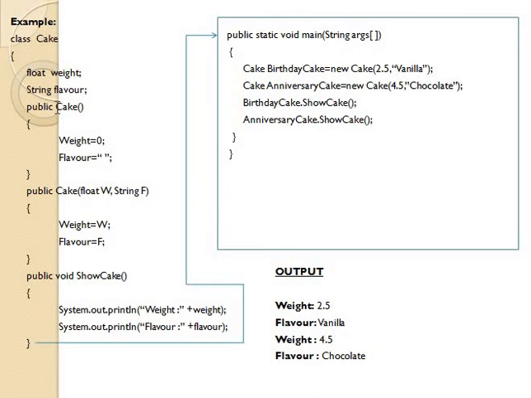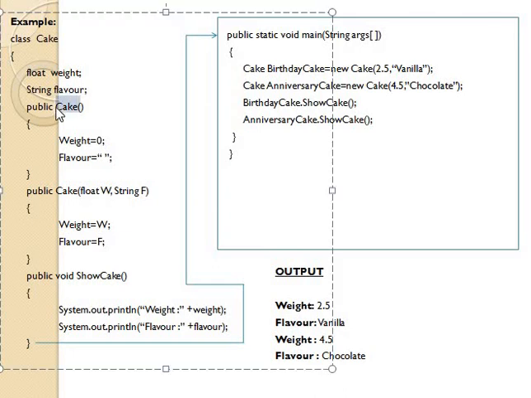So these two methods identified by the name cake, the first one without arguments and the second method cake having two arguments, W and F, both have the name cake, which resembles the name of the class, and that is also cake. Now forget about the access specifier, that is public, in this method as well as in this method.